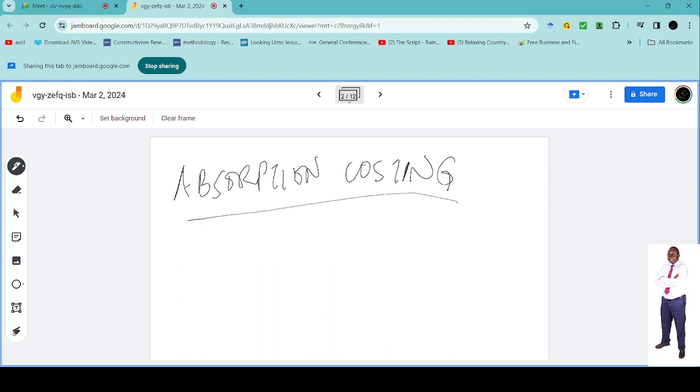In absorption costing, this is where all costs are absorbed in the production, and there is now no distinction between variable costs and fixed costs.